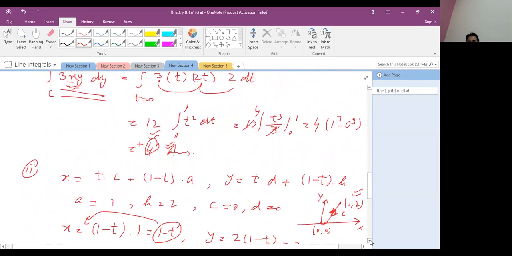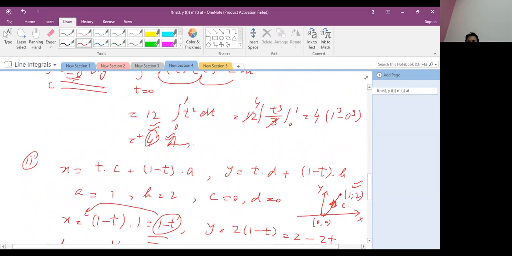But if you consider the line integral from (1, 2) to (0, 0), the direction of the vector is in this way. We call the initial point AB, where A is 1 and B is 2, and the final point CD, where C is 0 and D is 0.